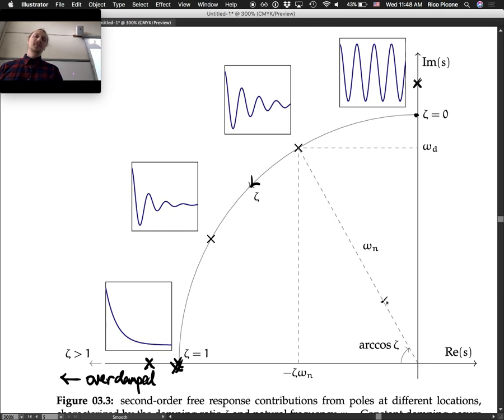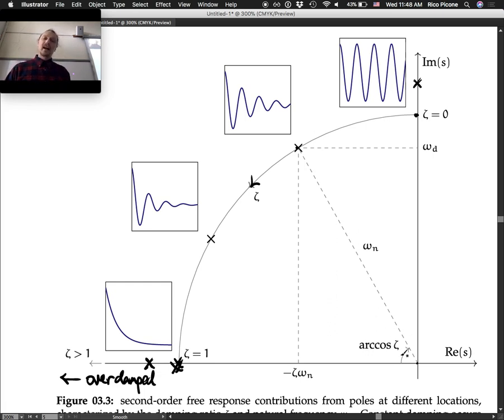Geometrically, the natural frequency is the radial component here. If you start at the origin and draw a line to there, the length of that is the natural frequency. Notice that the natural frequency did not change with all of these. Well, it changed a little bit with this one because it went up a little bit. But with these two, natural frequency is the same. And our omega n is there.